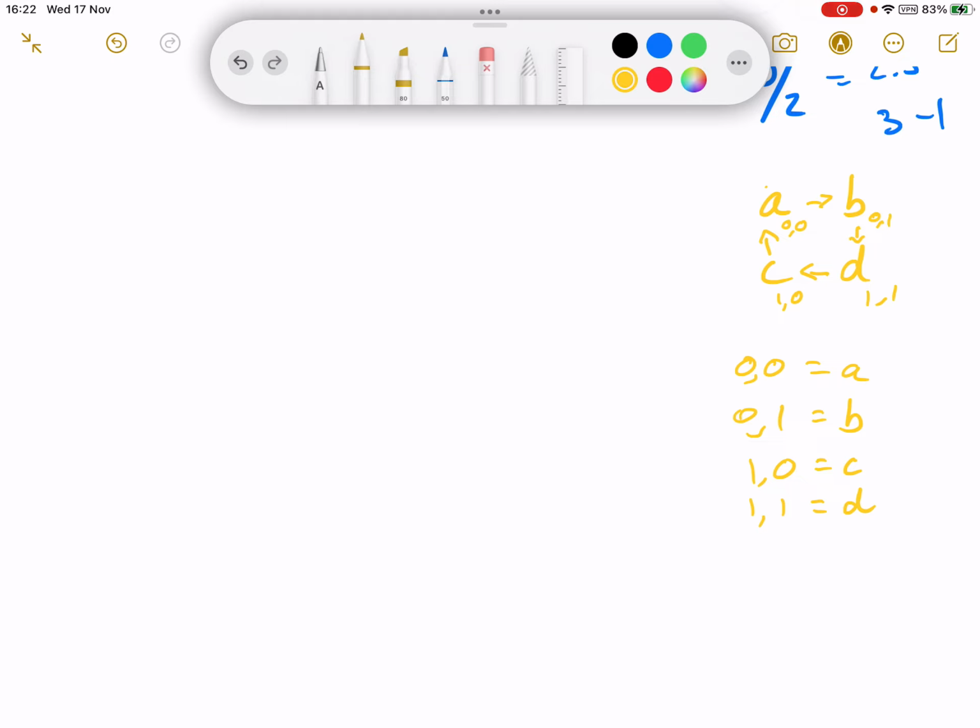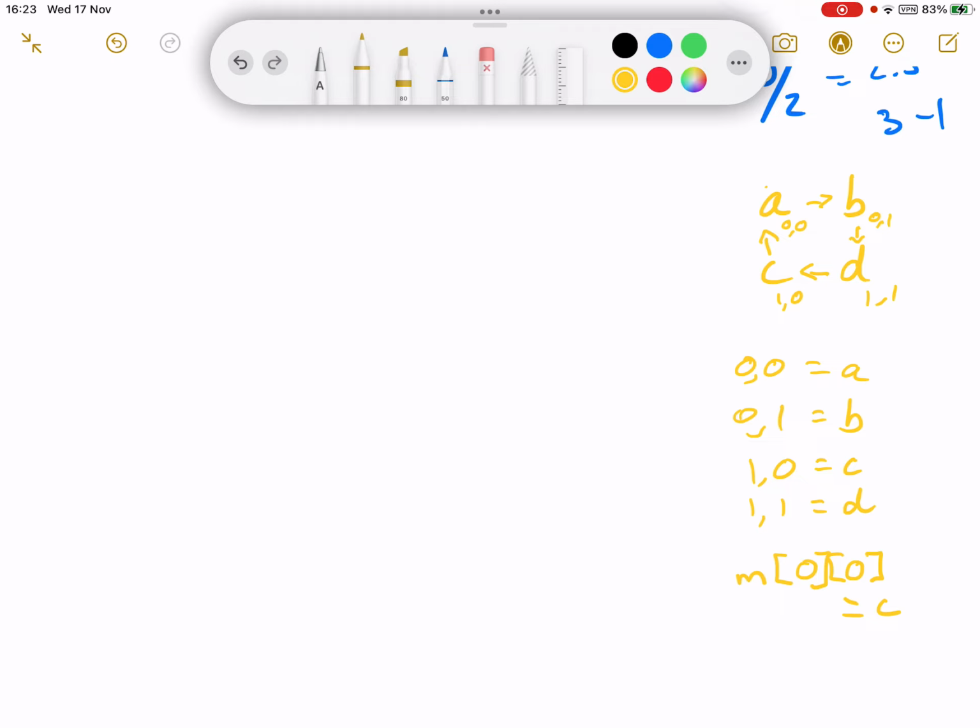So we'll do, M00 is equal to whatever was at C, right?